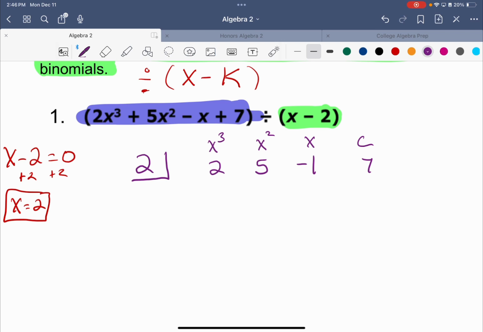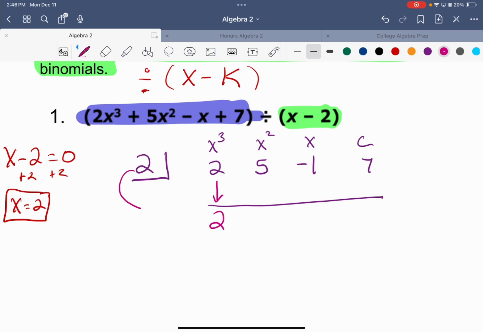Okay, so continuing this process, the next thing we're going to do is draw a line. Leave some space. We are going to take this 2 and drop it straight down, and write that underneath the line. You always take that leading coefficient and drop it below the line.